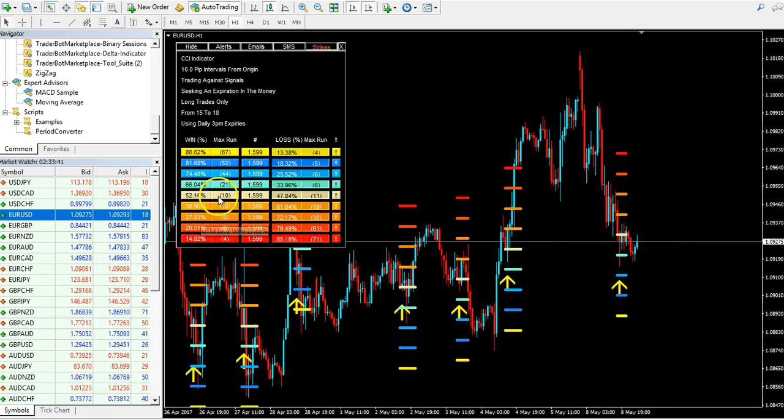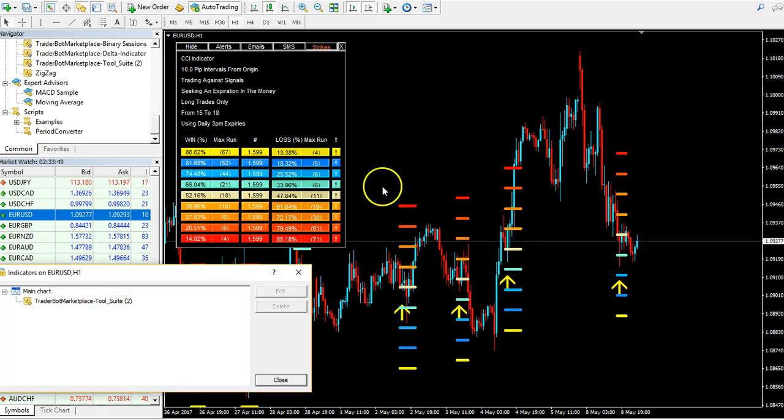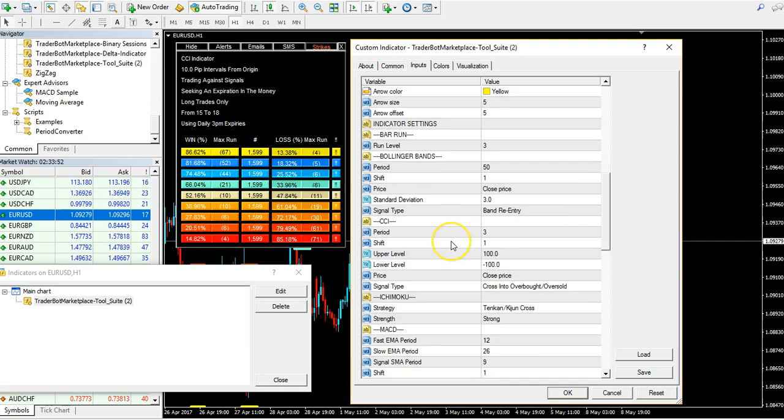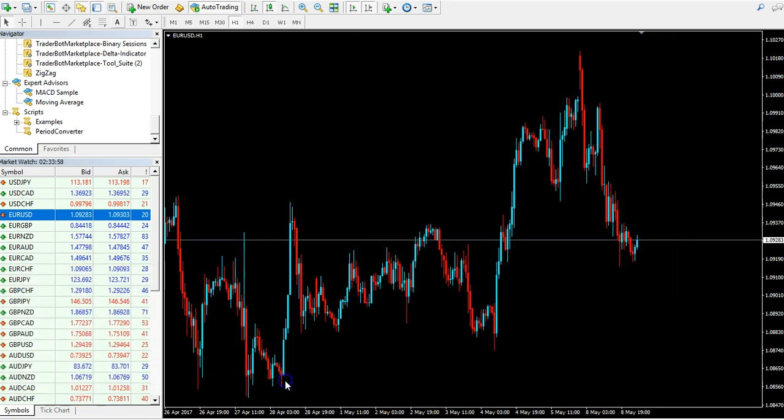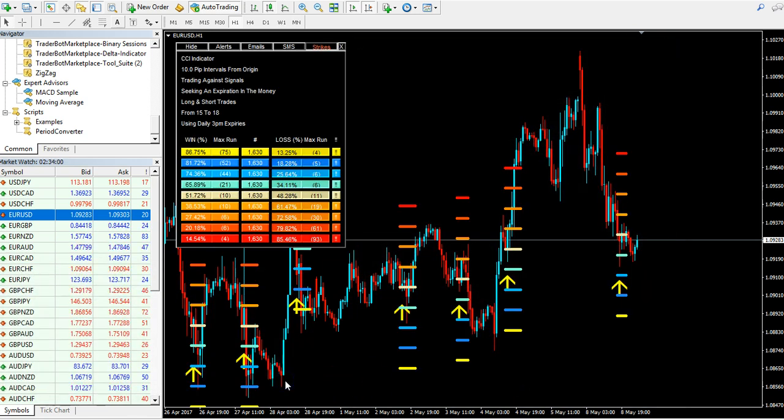The win rate comes down a little bit. However, there's a lot of trades. It's lost 11 in a row. It's won 10 in a row. No good. And that's long only. Let me look at long and short. Long and short's about the same.